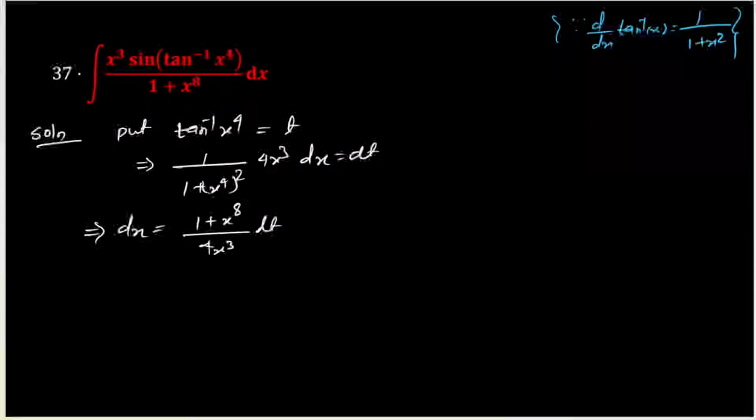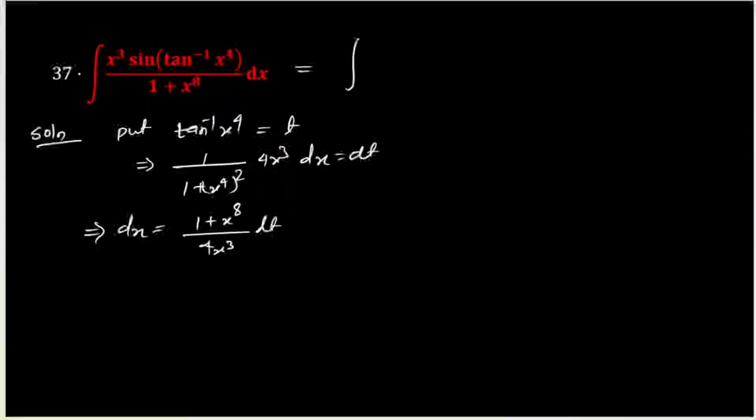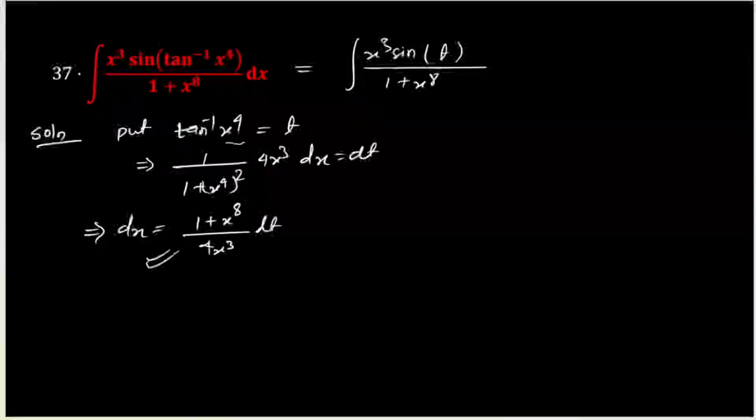Here we write that x cubed and tan inverse x to the power 4 is related in this form, t by 1 plus x to the power 8, and dx is here.